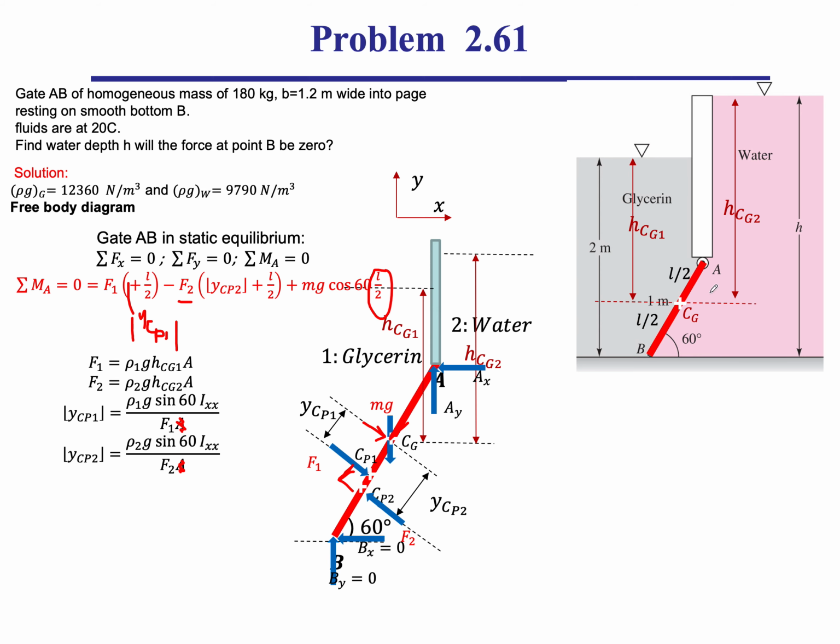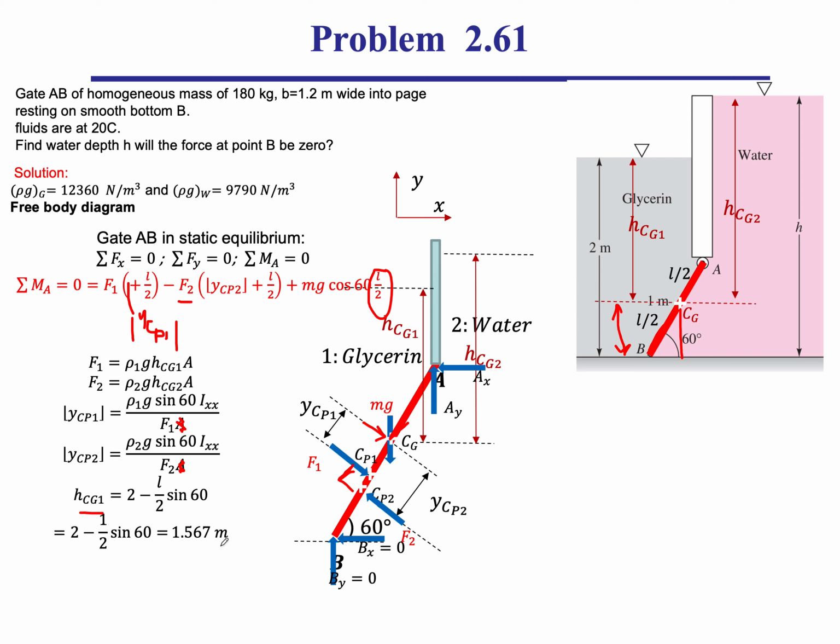And what is the IXX? It's a property of the rectangle AB. And as we mentioned before, the HCG1, we can compute it easily for the water side. For the glycerin side, we have this height, which is L over 2 sine 60, so that's L over 2 sine 60, and it gives us this height, and the whole thing is 2 meters, so 2 meters minus L over 2 sine 60 gives me the HCG for the glycerin side.